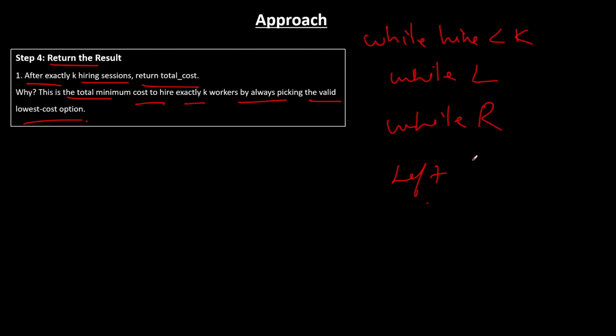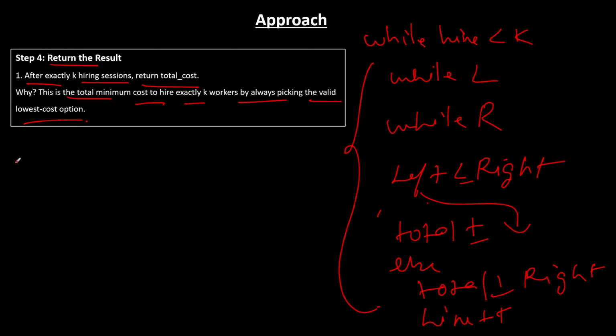The total will have the left if it's true. Otherwise, in the else case, the total will have the right. This is all happening within this particular while loop. And after that we increase the hires value because we have hired one of the candidates, and after that we will just return the total cost.